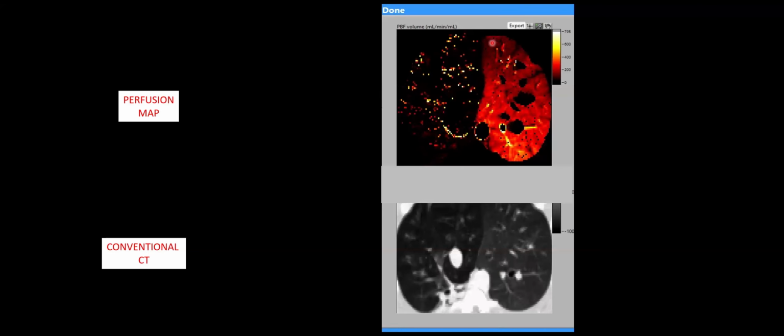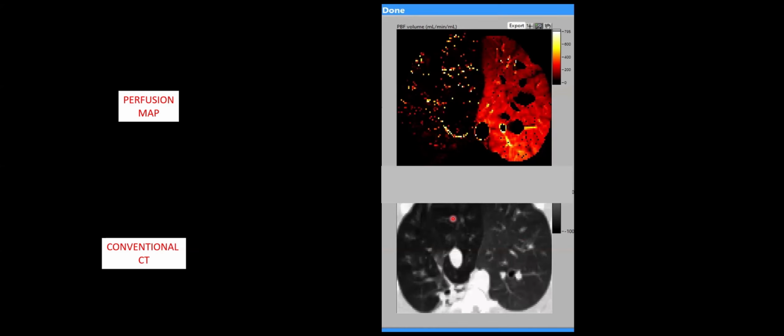So this is the dynamic CT image, which is representing a slice thickness of 3 centimeters. So this is a very thin slice. This is the CT image. You see that the left lung is a little bit whiter because there is more perfusion in this lung than in this lung.